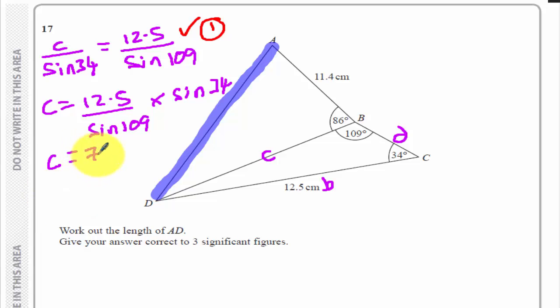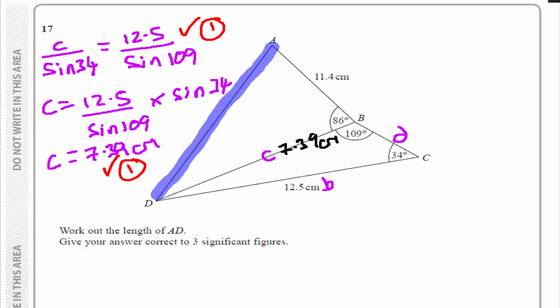You should get 7.39 centimeters. So this length here is 7.39 centimeters. And the correct value of 7.39 gets me the second mark.